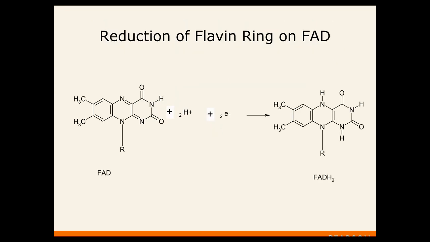The R group is the rest of all that stuff. If you notice, this nitrogen here is going to gain H plus and 2 electrons within the structure. There's some rearranging of electrons within the rings, and it forms FADH2. So again, the gaining of electrons is reduction, and this would be in a process where something else is being oxidized.